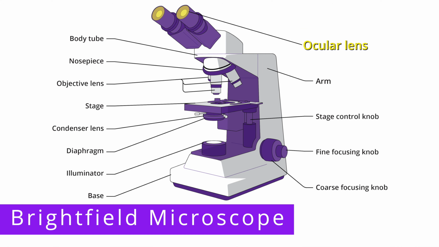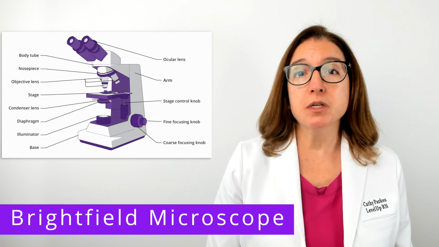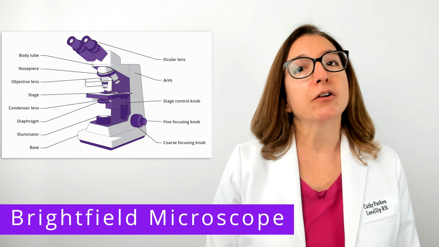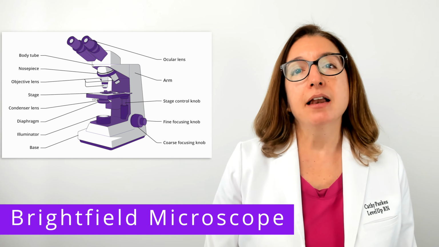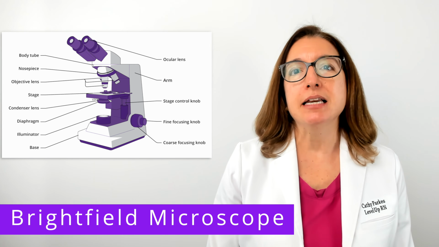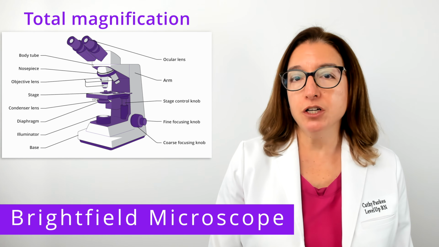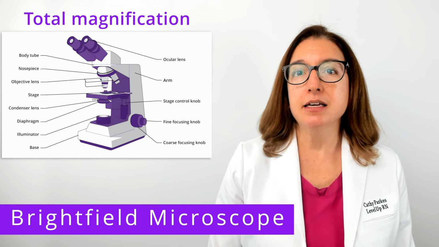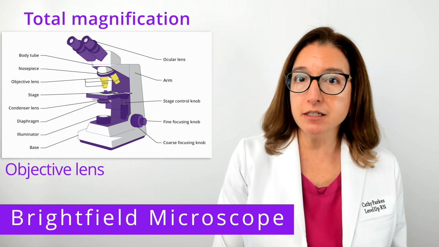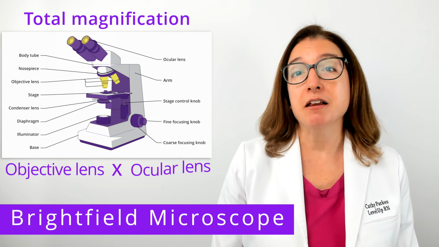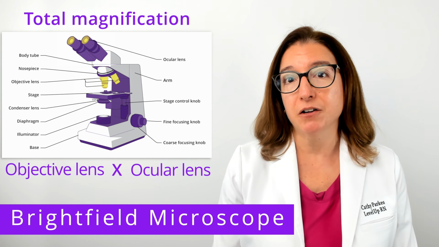The ocular lens is located in the eyepiece, and it typically provides a magnification of 10x. Some microscopes are monocular, meaning they only have one eyepiece, and others are binocular, meaning they have two eyepieces. The total magnification of a microscope is the magnification of the objective lens times the magnification of the ocular lens.